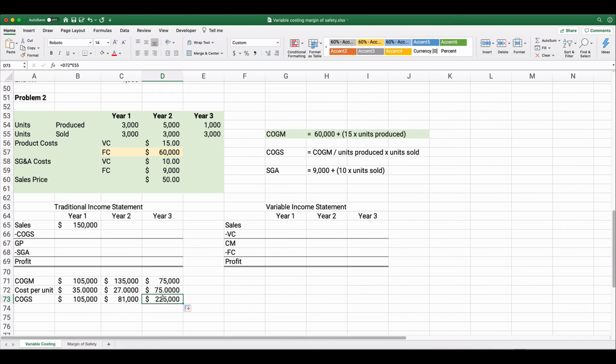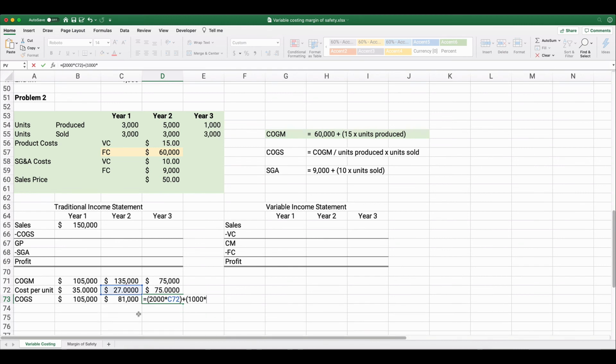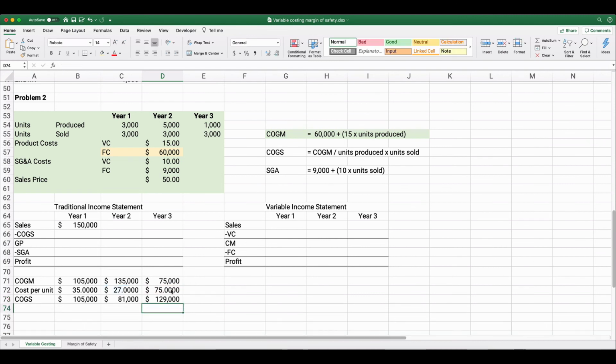For the third one, we produced 5 and sold 3, so 2,000. That's going to cost us $27 each. Plus, we've got 1,000 that's going to cost us the $75 each. Add that up. Looks like that's going to be our cost of goods sold.